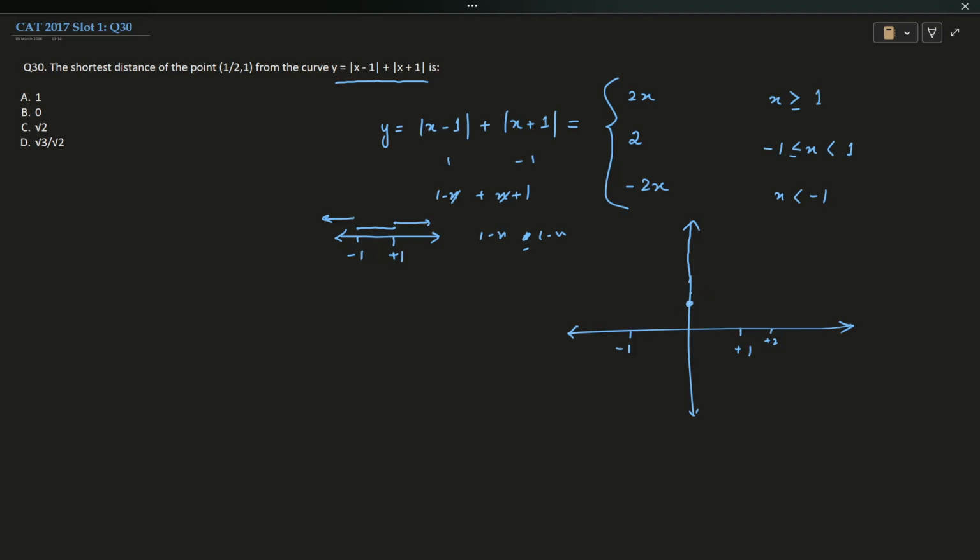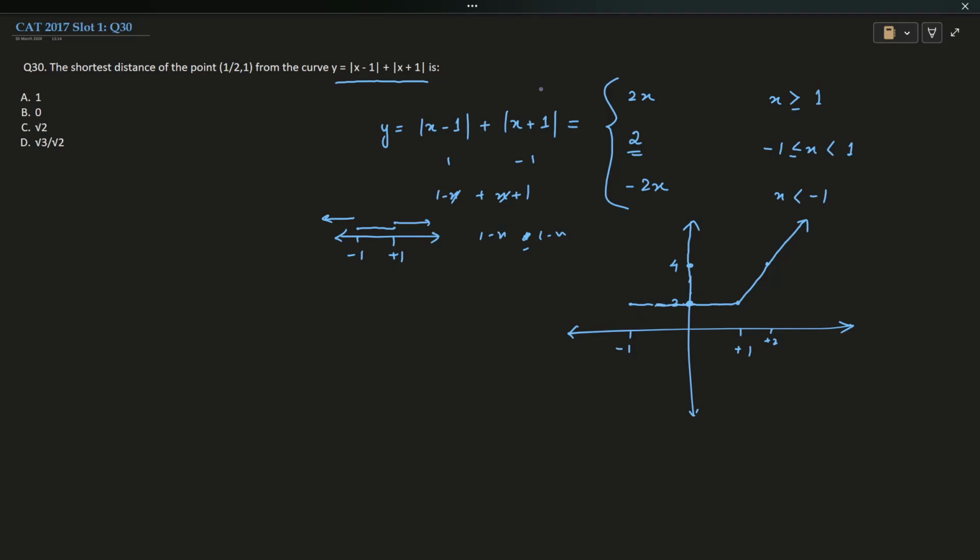Let's say this is 2, this is 4. So when x is 1, I am having y equal to 2. When x is 2, I am having y equal to 4. So the graph will be going like this. When x is lying between minus 1 and 1, I will have a constant function 2, so I'll join this line at 2 till minus 1.